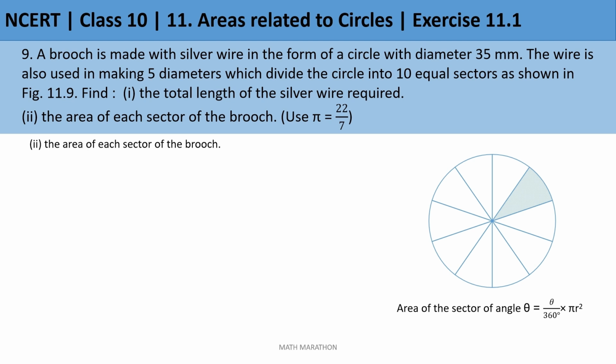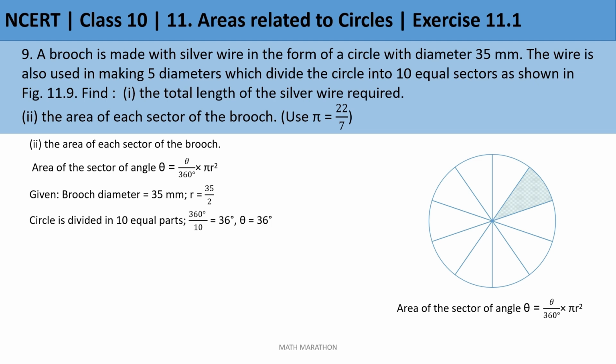In the diagram, I have highlighted the area of the sector. We need to find the area of the sector. Area of a sector is theta by 360 multiplied by pi r square. We have the following information. Brooch diameter is 35 mm. Radius r is 35 by 2 mm.